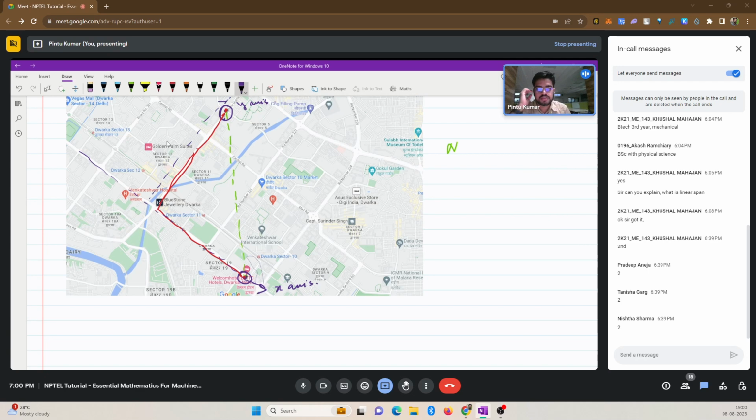Let's say this is (x, 0), this is (0, y), then the distance would be x plus y, right? So this is mod of x plus mod of y.